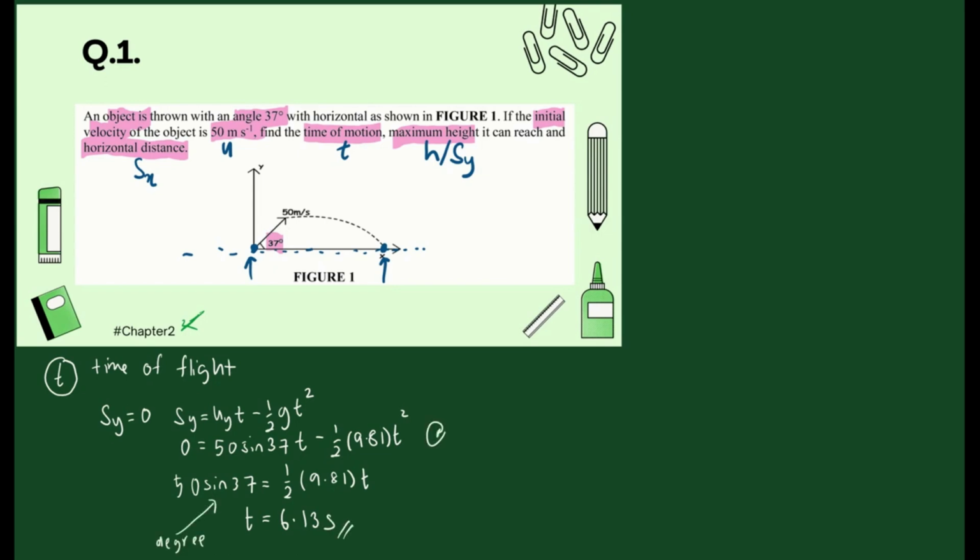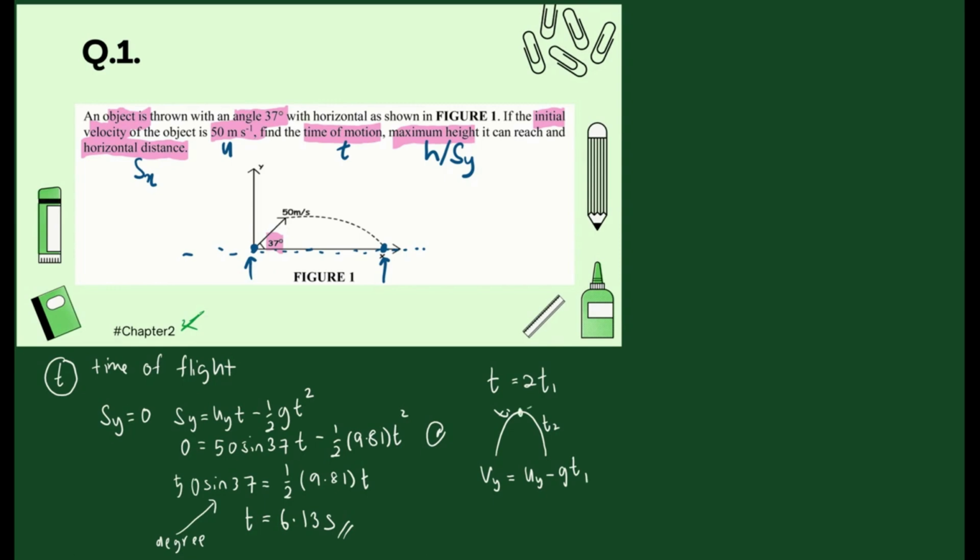Another method of solving this question is that we consider time of flight equal to 2 times the time taken for half of the journey, meaning time taken for reaching the maximum height, T1, and also when it goes down until it reaches the final point, T2. So how to solve this? We are applying the equation Vy is equal to Uy minus G T1.